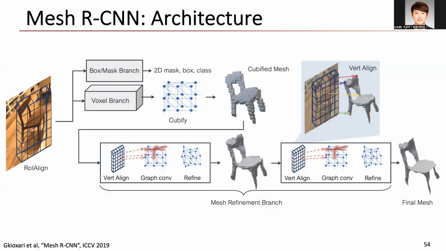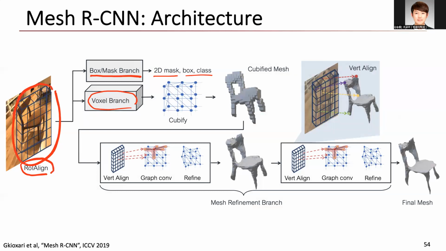Similar to the mask RCNN, it has a box and mask branch to generate the 2D mask, box and class information. But in mesh RCNN, it has an additional branch, the voxel branch. In the voxel branch, they use the ROI alignment module to extract the voxel-like input information.